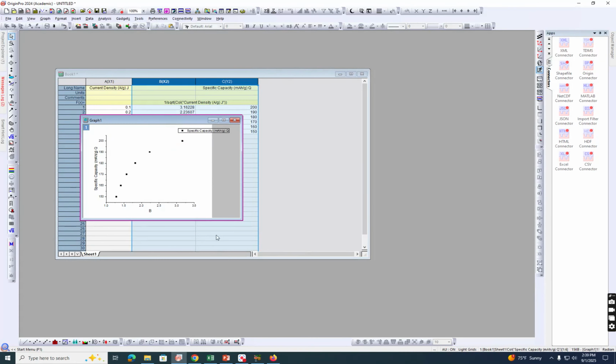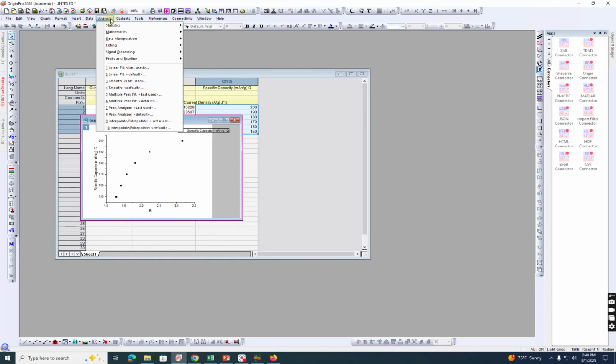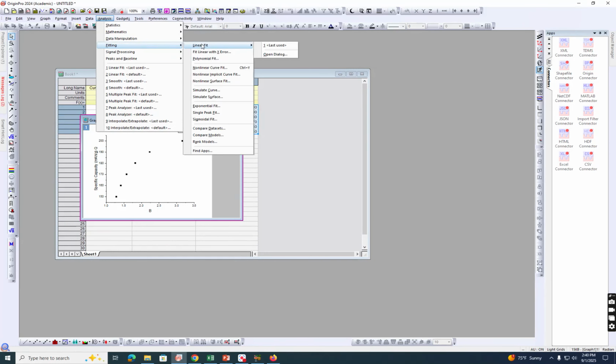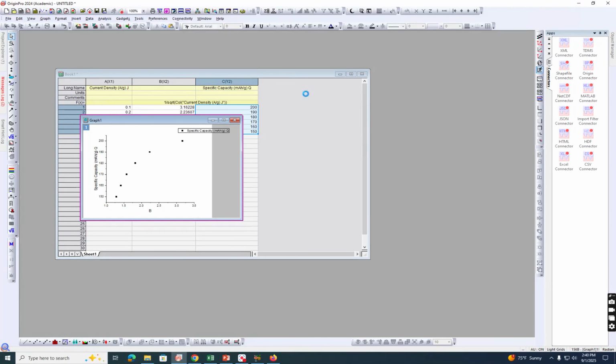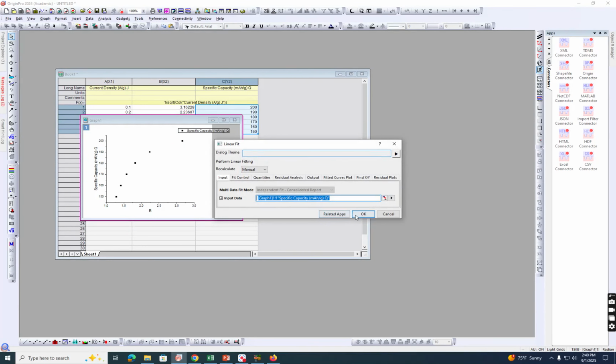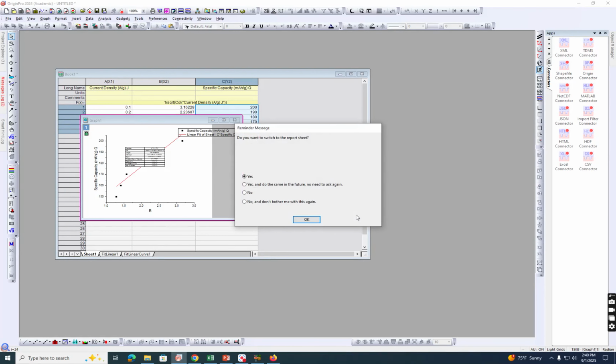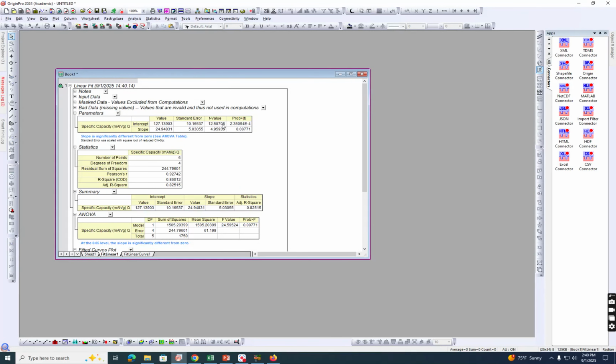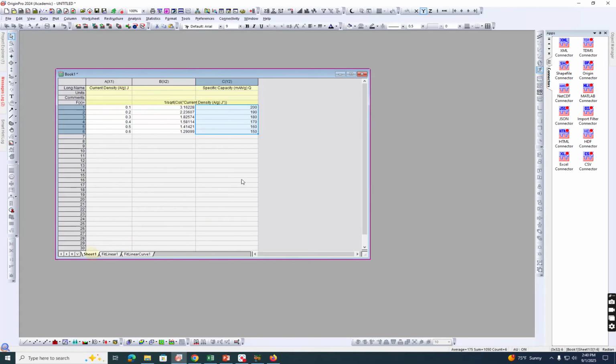Okay, we got it. Now we need to click here and do the linear fitting. Click on Analysis, Fitting, Linear Fit, and open dialog, and click OK. Okay, now we got the intercept, linear fitting, etc.